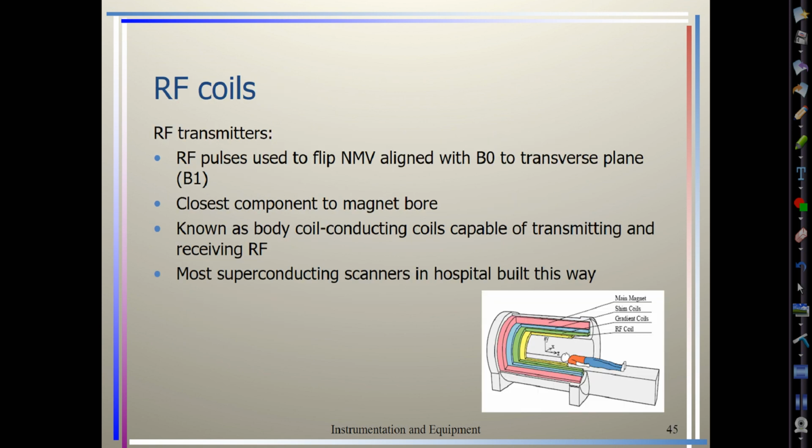All right. So let's talk about these RF coils a little bit more. Our RF coils are designed to excite our hydrogen nuclei, and yes, they heat our patients up, right? They're putting energy into our patients. They happen to be the closest to our patients, and that's why burns are an issue, because that transmit coil is closest to our patient.